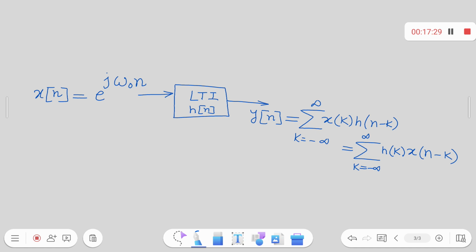So what is y of n then? So this y of n is given by summation k going from minus to plus infinity, h of k, and then you have e to the power j omega naught times n minus k.